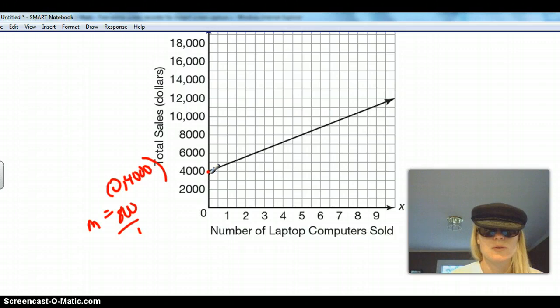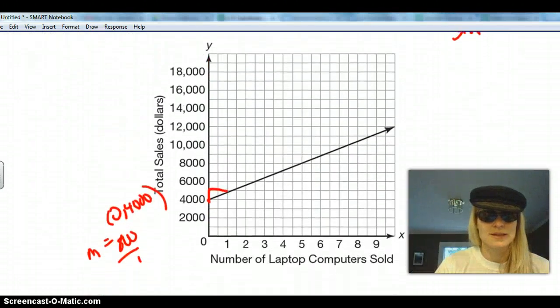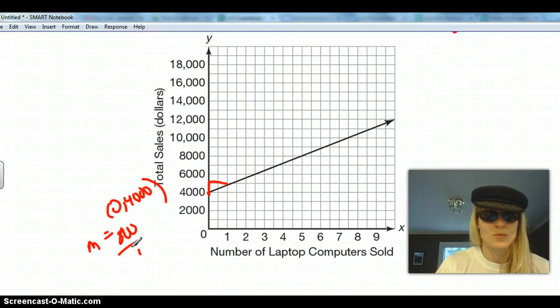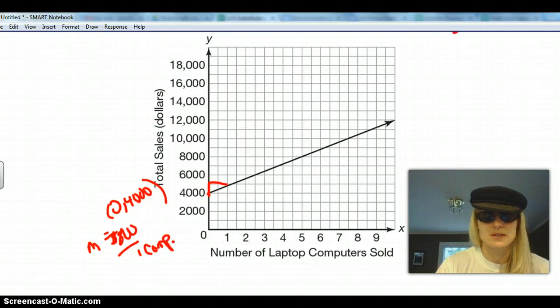So it's got to rise and run 800 to 1 every time. So looking at this, we know that we have to sell $800 for every one computer. Sometimes it helps if you just write in what this means. So $800 per computer. So the question is, at what point is he going to hit his goal?